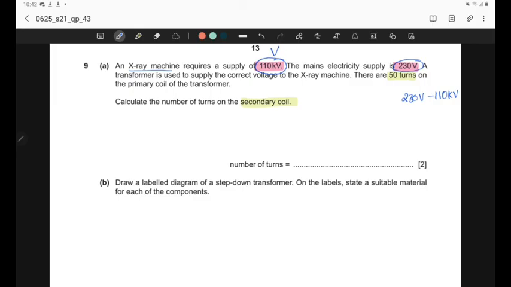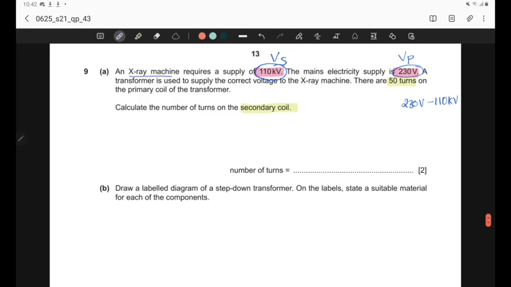So we use a step up transformer here, where the primary voltage, the voltage at the input terminal, Vp, is 230, and the output voltage at the secondary, Vs, is 110 kilovolt.